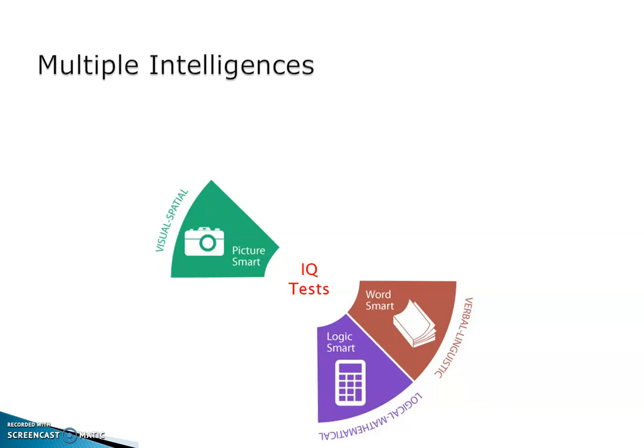It was devised to see how successful the schools were in Paris and in France in general at teaching things. So they gave the test to the kids to see, are the schools doing a good job? Stanford University took the Binet-Simon test and changed it around a little bit, but kept the heart of it and created the Stanford-Binet test, which was the standard IQ test for a long time.